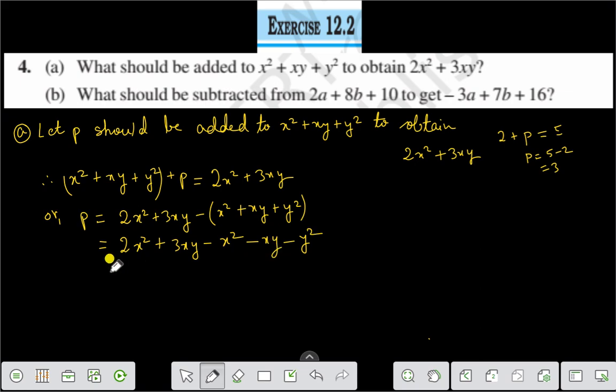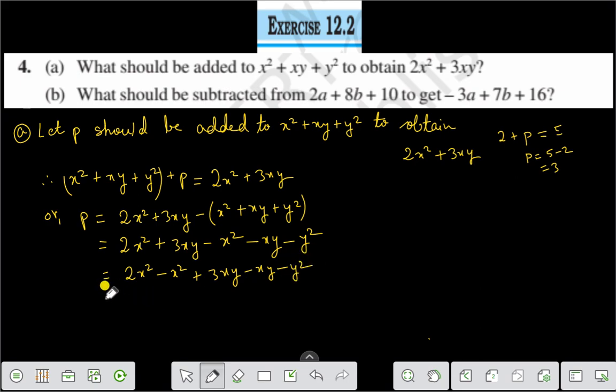Now rearrange all the like terms in one side, that is 2x square minus x square plus 3xy minus xy minus y square.